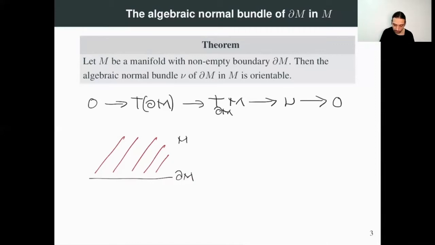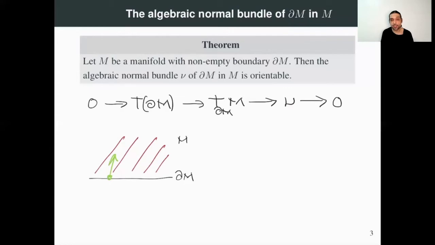What we have to do is actually considering here a tangent vector that is transverse to the tangent space of the boundary and that points towards the interior of M. And the class of such a tangent vector in the normal bundle is indeed a base.